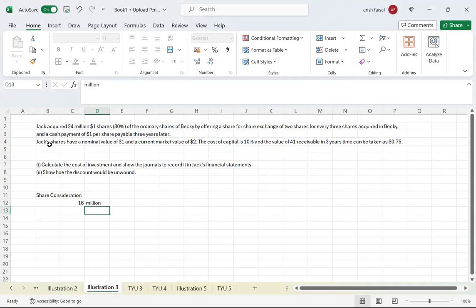Now, Jack shares have a nominal value of $1 and a current market value of 2. So we have to value it at $2. So that makes it up to 32 million. That's going to be the fair value of the share consideration which Jack is passing to Becky company.